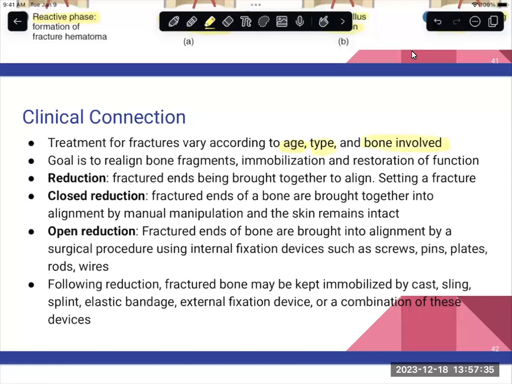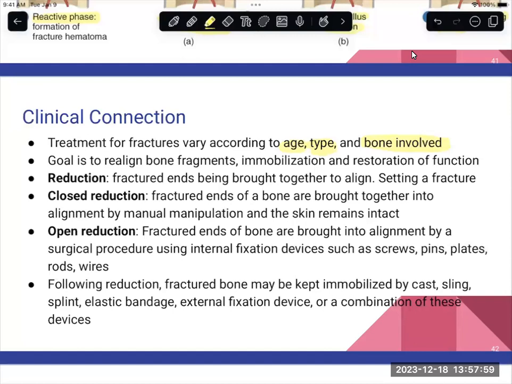Sometimes, just depending on what bone is involved, it requires more treatment than just putting a cast or a splint on. I broke my thumb in 5th grade, I think. They put a splint on it because it didn't need a cast or anything else. They were like, a splint will do.